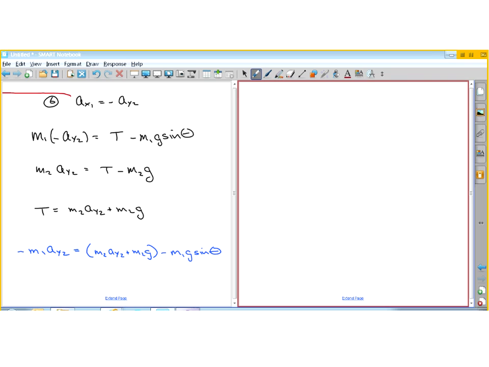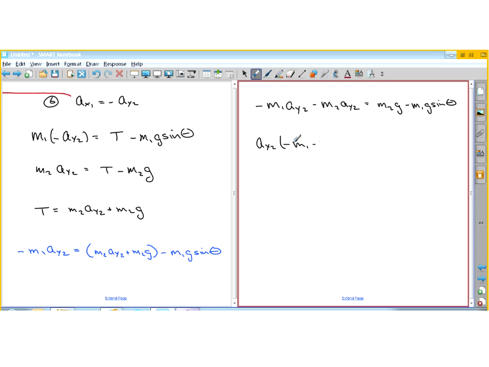So I'm going to move this to the other side. So I'll have negative, the first term is this one, m1 a sub y2 minus m2 a sub y2 is equal to, well, I've got this term still over there, m2 g minus m1 g sine of theta. So I factor out what I'm looking for.